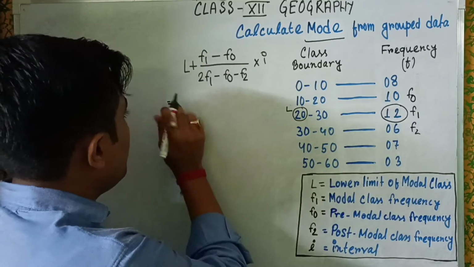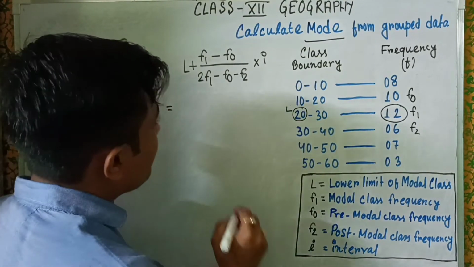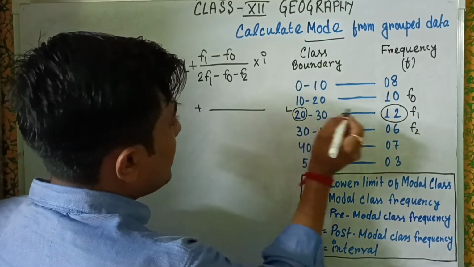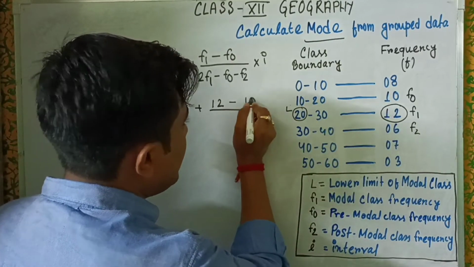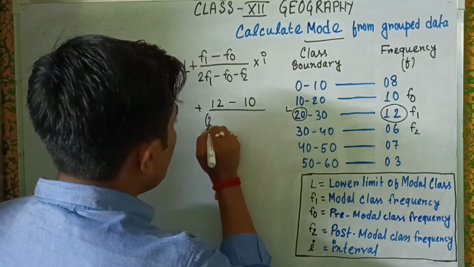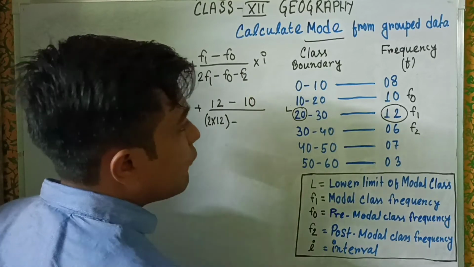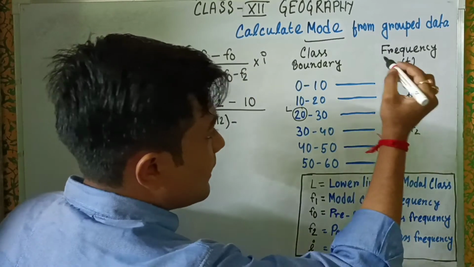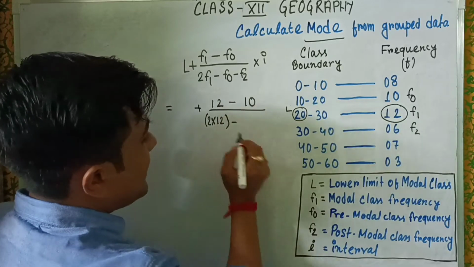Now you can put the values in this formula. F1 is 12, F0 is 10, 2F1 means 2 into 12, minus F0 which is 10, and minus F2 which is 6. I hope you know that minus minus becomes plus.